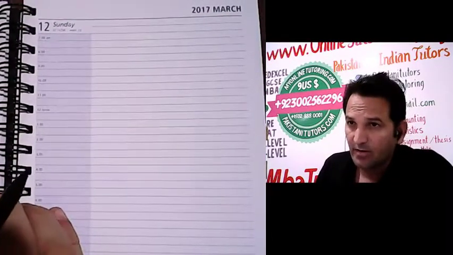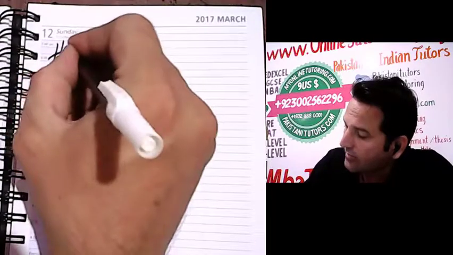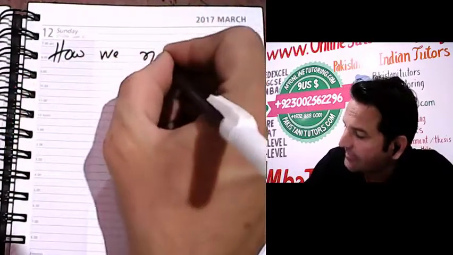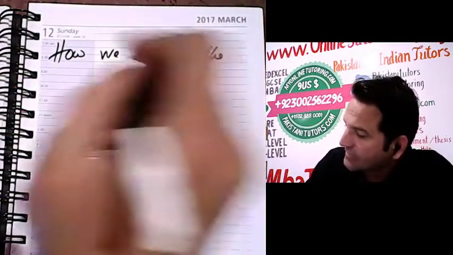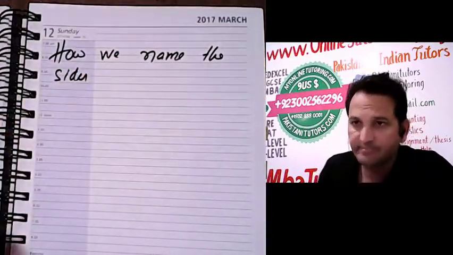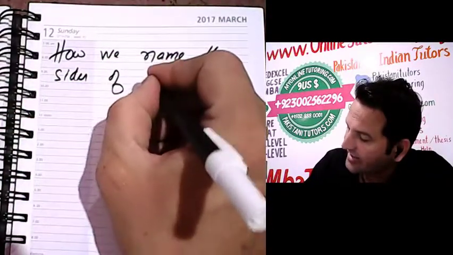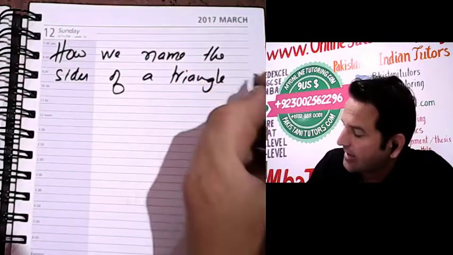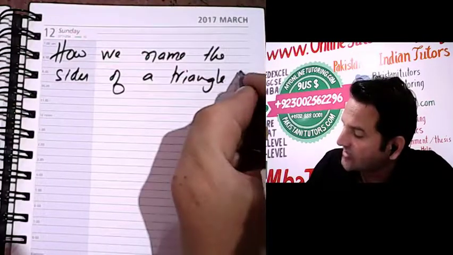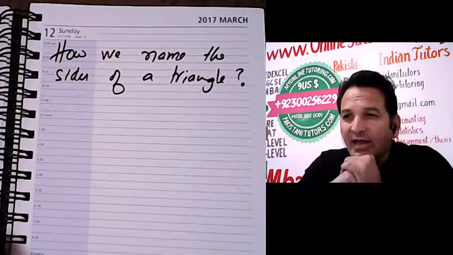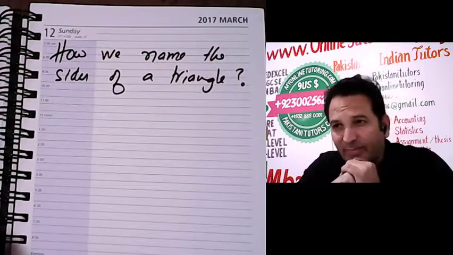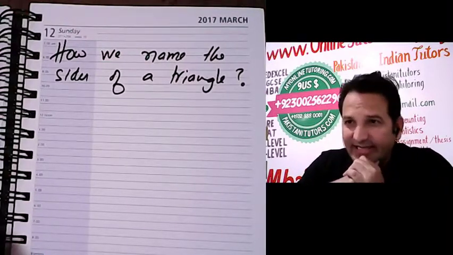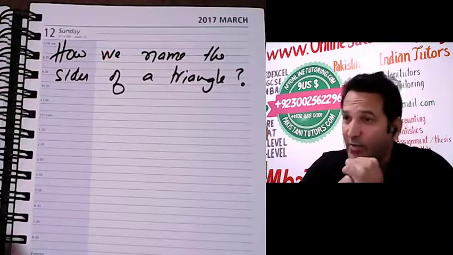Now, how do we name the sides of a triangle? The naming of the sides of a triangle is very important. Before moving ahead, it is important to understand how we name them.